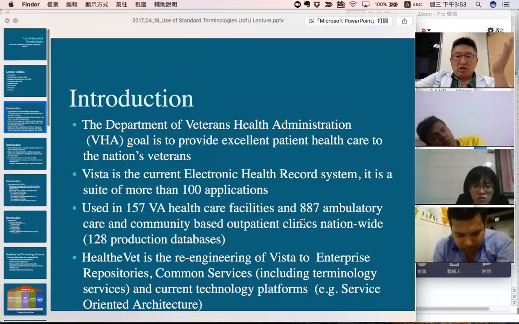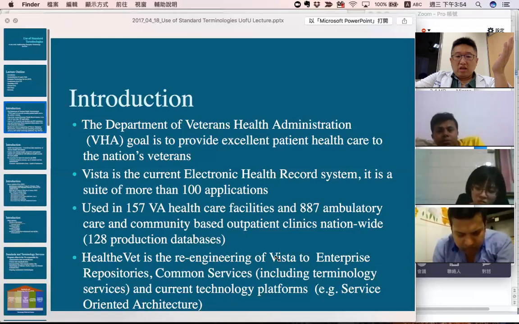And you know, in the military, if the boss decides something, then everyone just needs to follow. So the VA is in a good position to exchange data between each other.